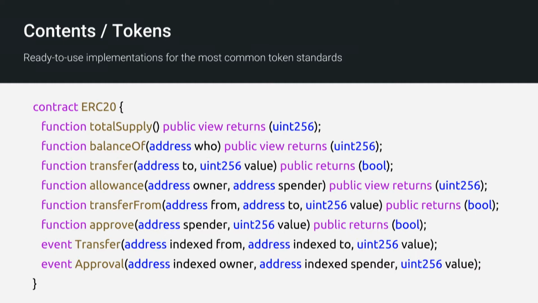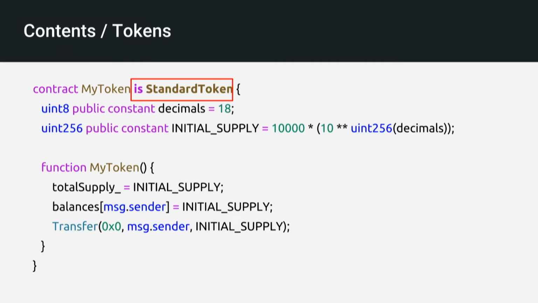OpenZeppelin already ships with a thoroughly reviewed implementation of the ERC20 token, meaning if you want to implement your own token, you only need to extend from StandardToken and define how that token is going to be initially set up. The simplest example is you define an initial supply and assign that supply to the owner, the person who deployed the contract. Of course, using this, you can build whatever else you want, but this is one of the easiest flavors of ERC20 token that you can deploy.